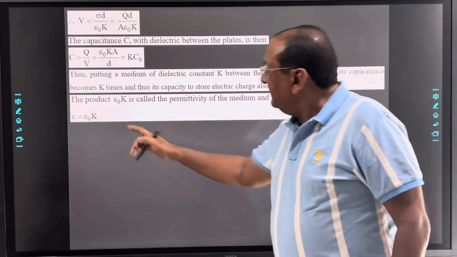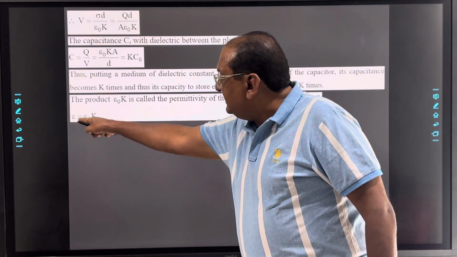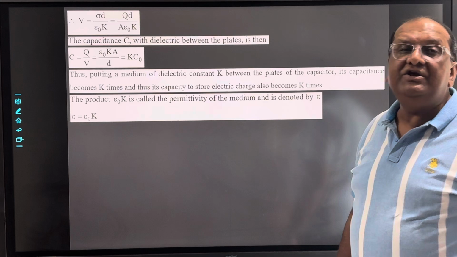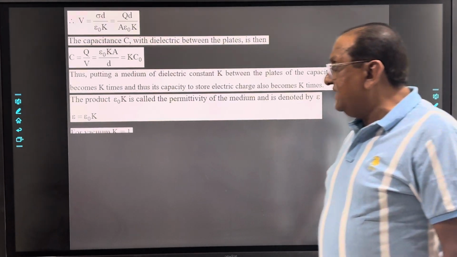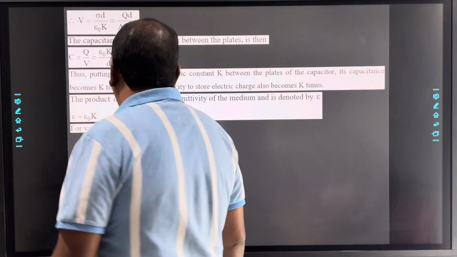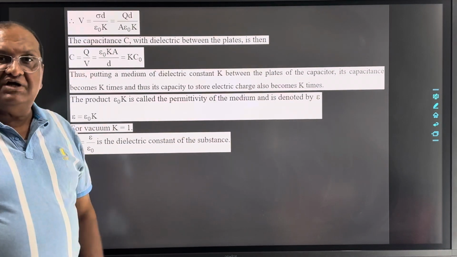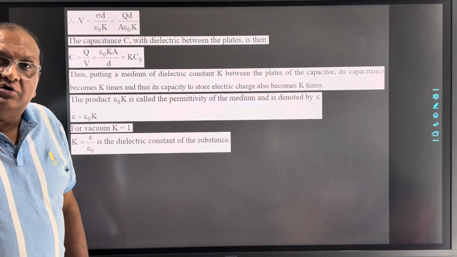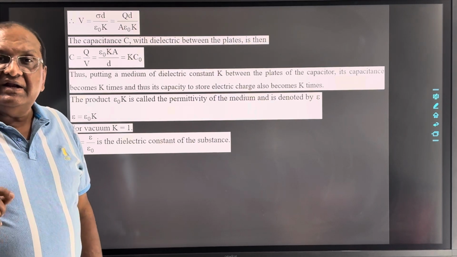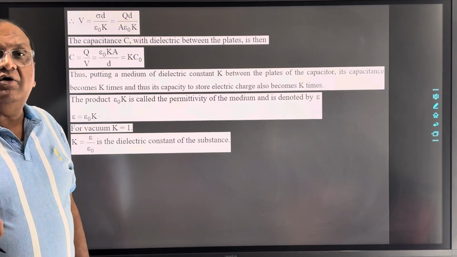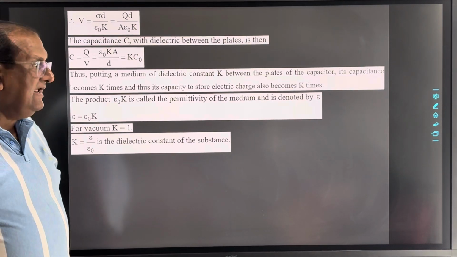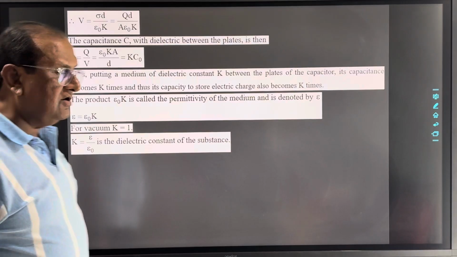So here we can write K equal to epsilon upon epsilon 0 also, and epsilon upon epsilon 0 is known as the dielectric constant of the substance. It is also known as the relative permittivity of that particular dielectric substance. Clear to all of you?